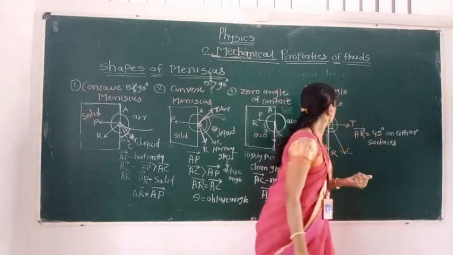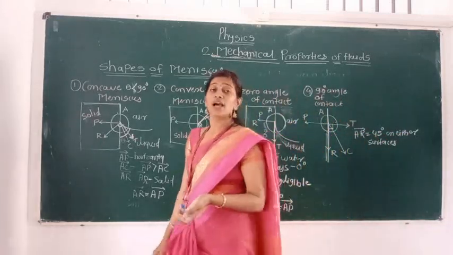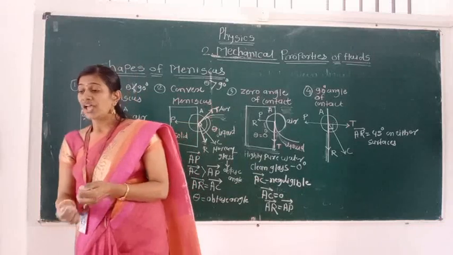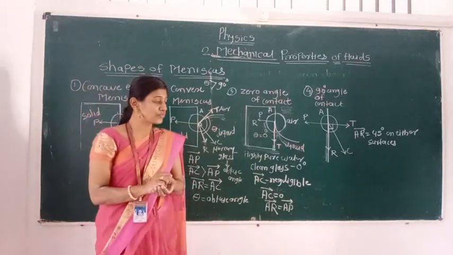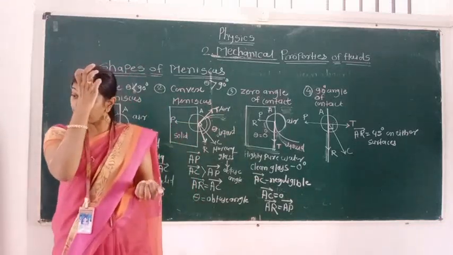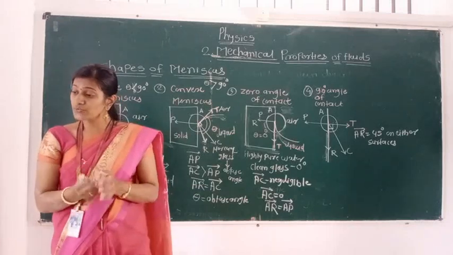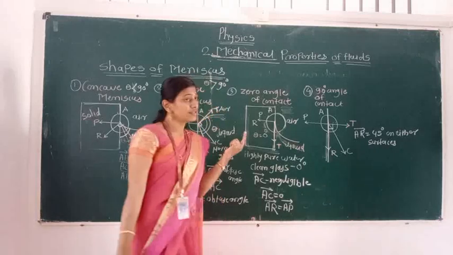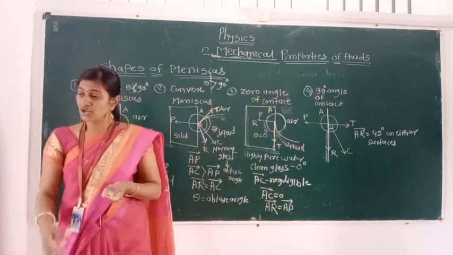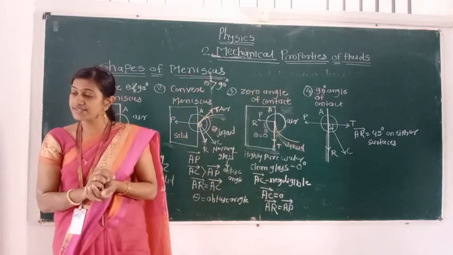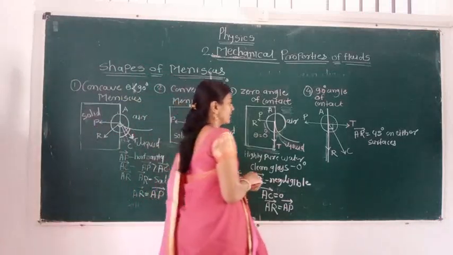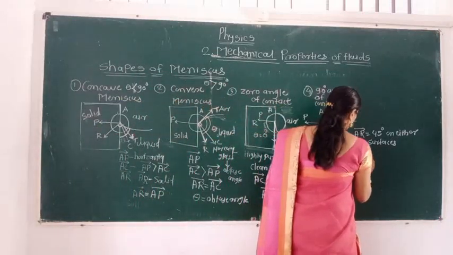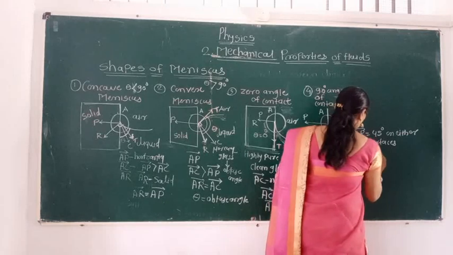So here we have to consider a hypothetical liquid having an angle of contact of 90 degree with the given solid of a container. Net cohesive force AC is exactly at 45 degree with either surface, and AR is exactly vertical.